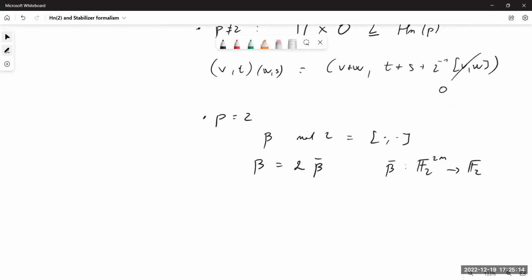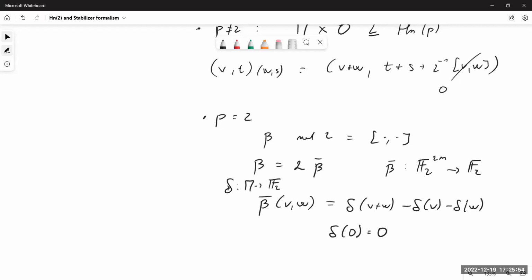Now you introduce another function that is completely arbitrary, but must satisfy one condition. We call this function delta, let's say. I hope I will not forget that. This delta is from M to F_2. And then this beta bar is equal to delta of v plus w minus delta of v minus delta of w. And you also have the condition that delta of 0 is equal to 0.